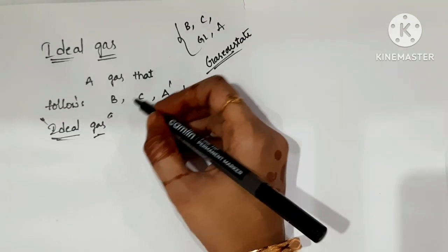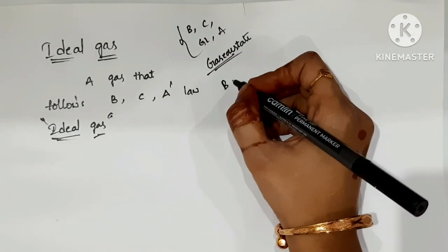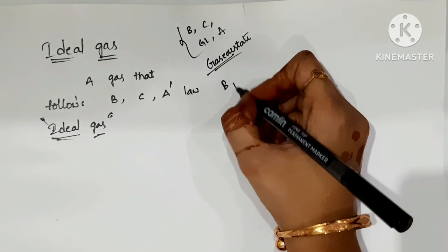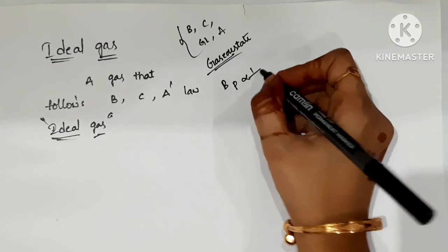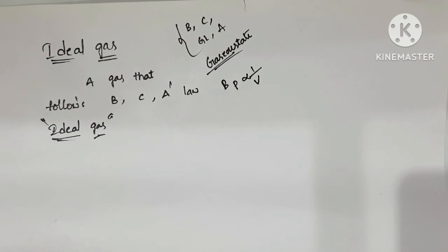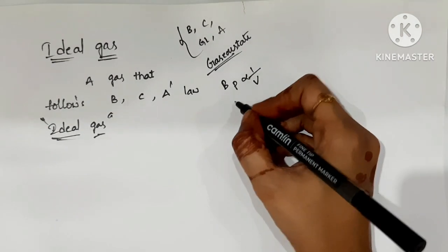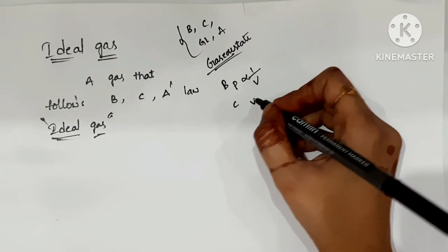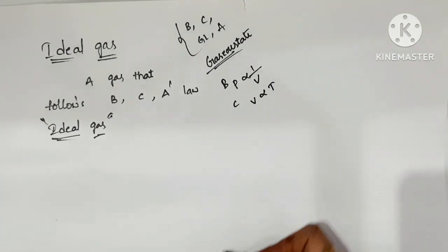So what is Boyle's law? In Boyle's law, pressure is inversely proportional to volume. In Charles' law, volume is directly proportional to temperature.